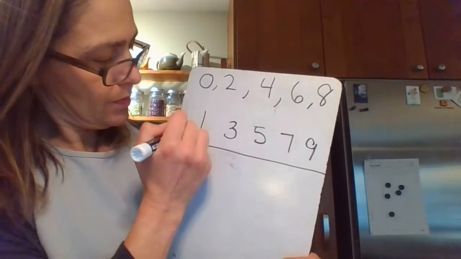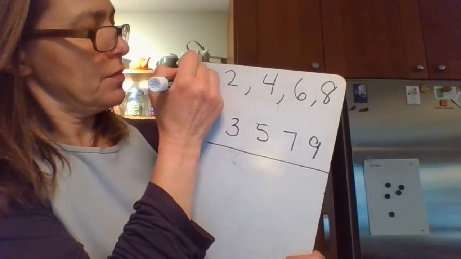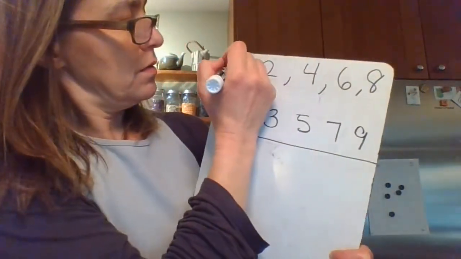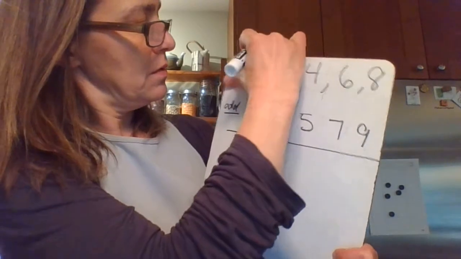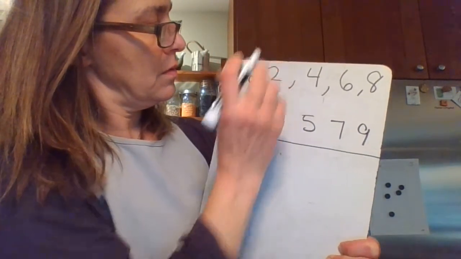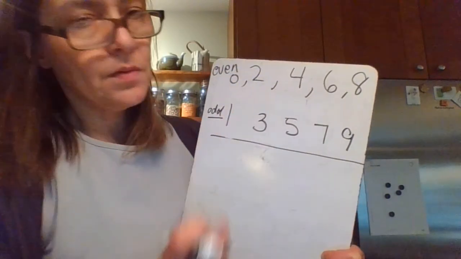So odd numbers, even numbers. Just put an E for even. There we go, 0. So even, odd.